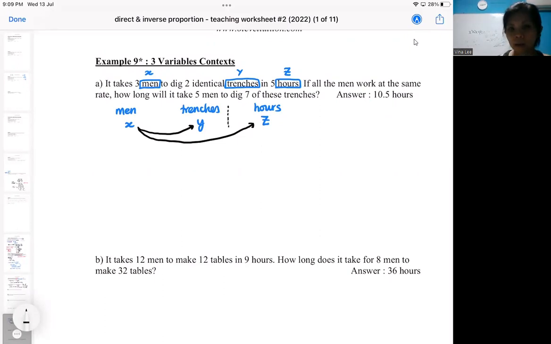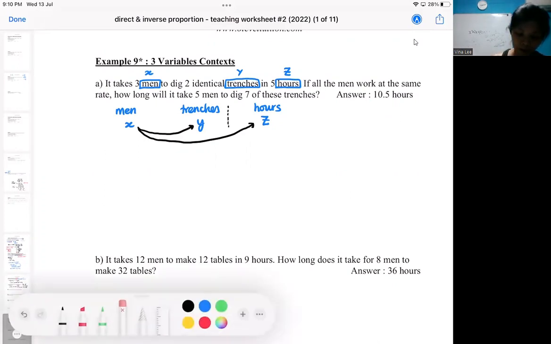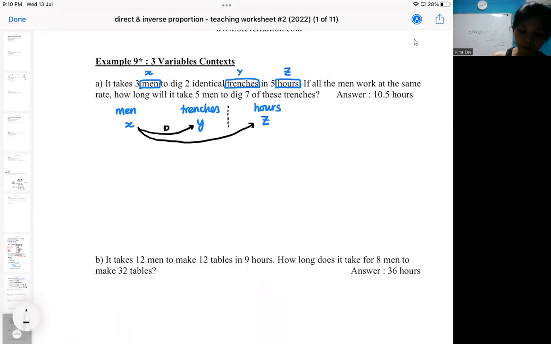Within the same 5 hours, you think about getting more men to dig the trenches. Within the same amount of time, if you get more people to dig holes, trenches, you will manage to get more trenches. The amount of time doesn't change. So in this case, both arrows are going up. So I realize that they are a direct relationship.